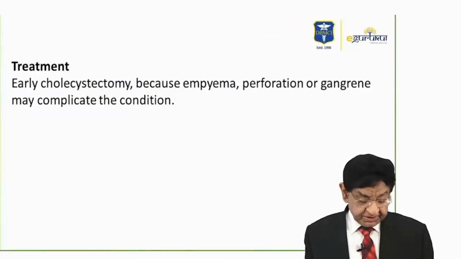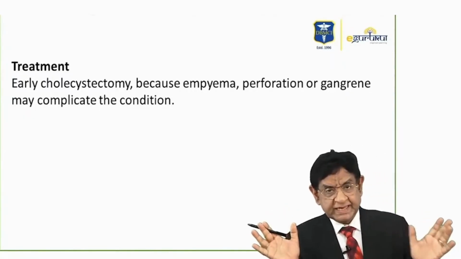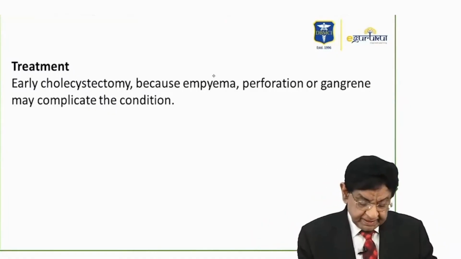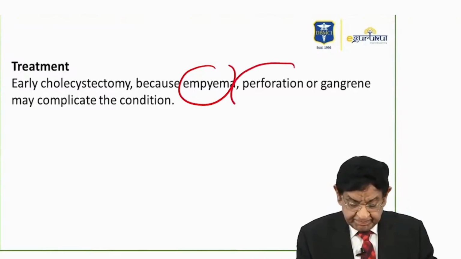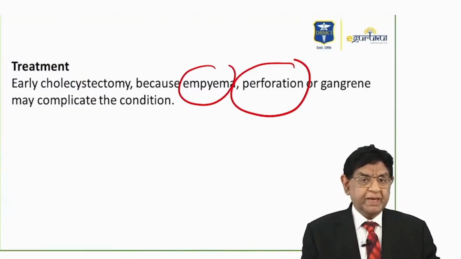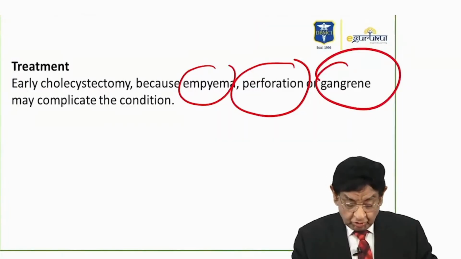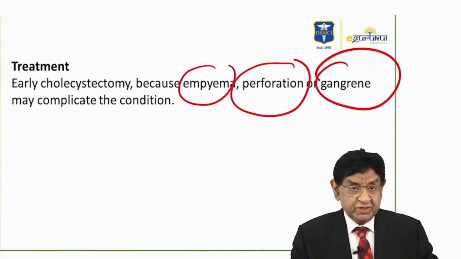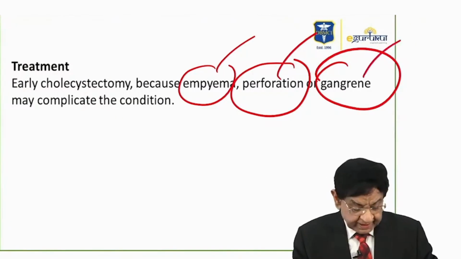Treatment is surgery, because it is a big balloon containing a lot of mucus. It can get infected, and empyema may be made. It can perforate any time. It's a very big balloon, it can twist, it can have gangrene. So all these are very dangerous complications, whether empyema, perforation or gangrene.